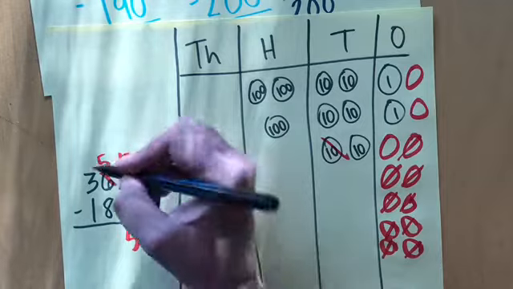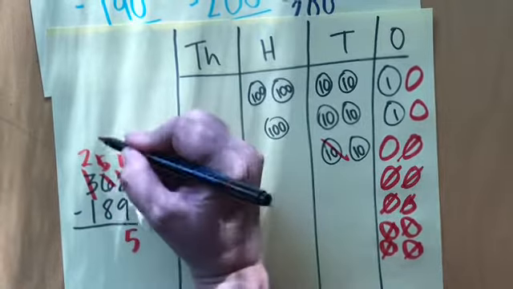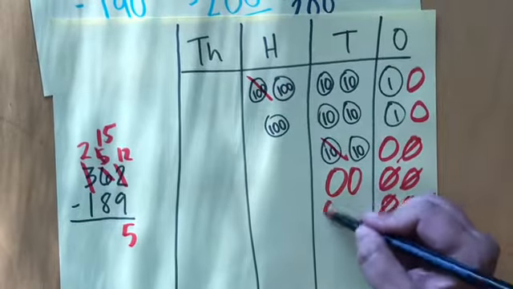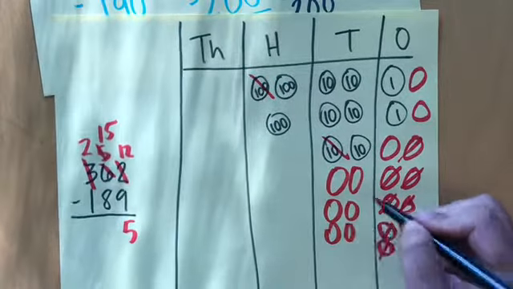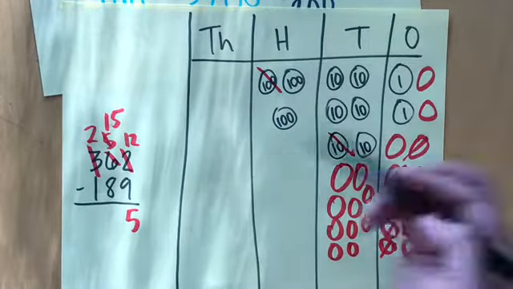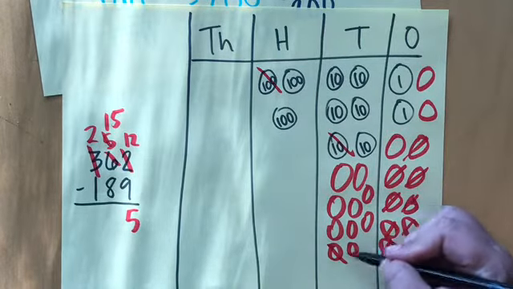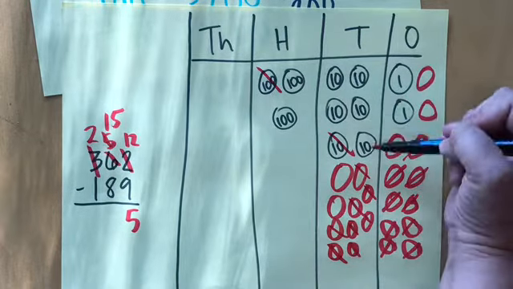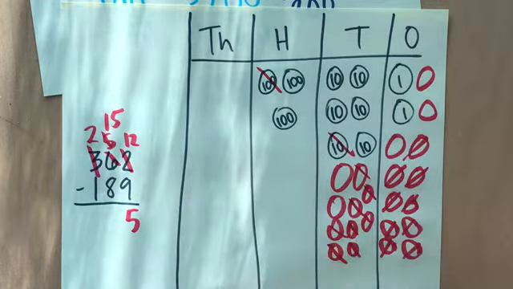We can't do it. So we've got to borrow again, and this becomes 15. So now I'm going to take away 8. So I have 7 tens left over.